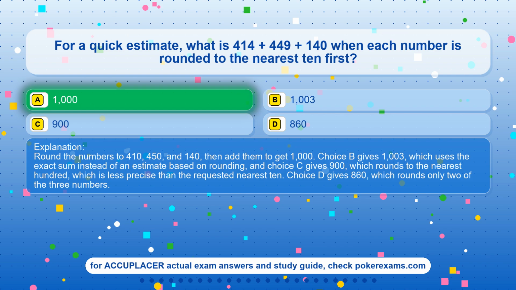Round the numbers to 410, 450, and 140, then add them to get 1000. Choice B gives 1003, which uses the exact sum instead of an estimate based on rounding, and choice C gives 900, which rounds to the nearest 100, which is less precise than the requested nearest 10. Choice D gives 860, which rounds only two of the three numbers.